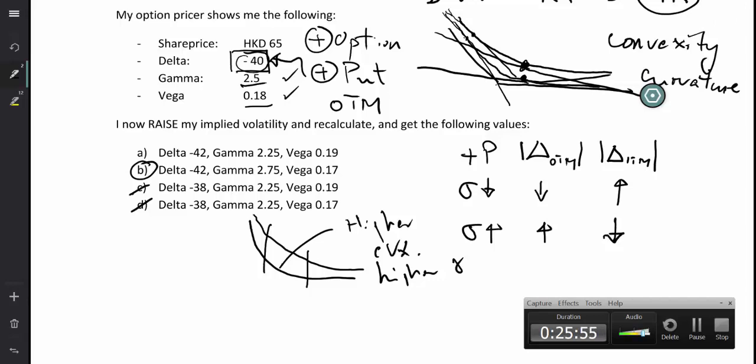And so you know that C and D cannot be the right answer because the absolute value of delta has to be higher because the line is now getting steeper. So it has to be A and B. And I think we figured out that Vega would go up and gamma would go down, and that has to do with the convexity of the curve as you are pulling it up and down.